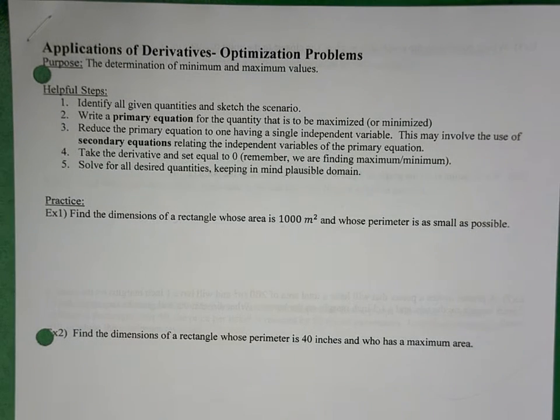Well, a side length wouldn't be, for example, -5 feet long. So if you got as an answer -5 and +5, you're going to disregard the -5 piece because that just doesn't make sense. You can't have a -5 foot length of a box, right? So that's what plausible domain is.